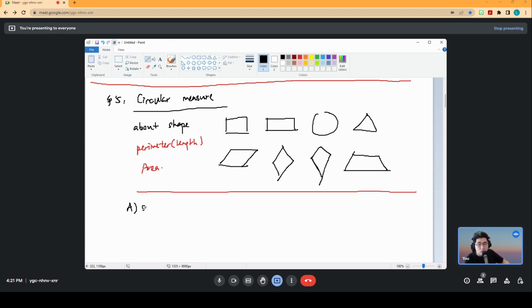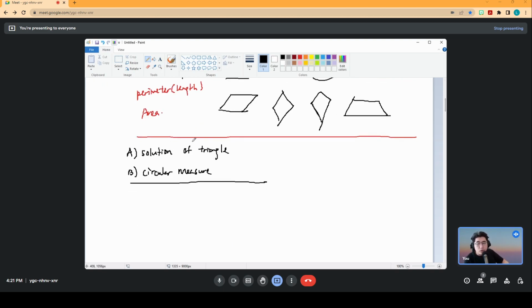A is solutions of triangle, B is circular measure. Under this topic we split into solutions of triangle and circular measure. So A, solutions of triangle.